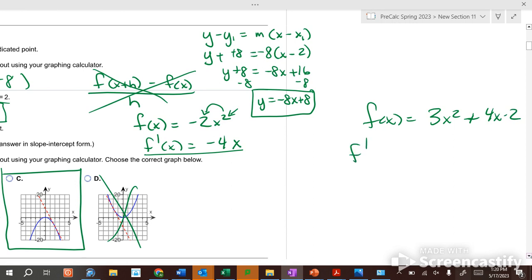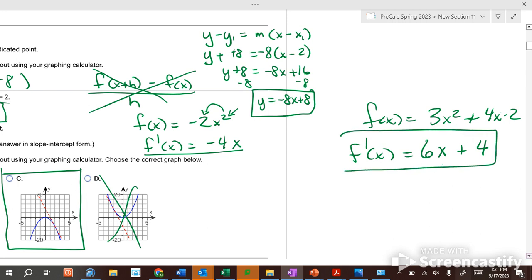What's the first derivative of that function? 2 times 3 is 6x, and then lower the power by 1, so it's just 6x, plus 4, because 1 times 4 is 4, and lower the power by 1, x to the 0 is 1, anything to the 0 power is 1, and then 2 doesn't have a variable, so it disappears. That's how you do first derivatives by the power rule.